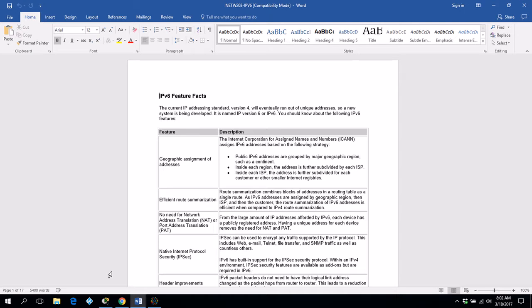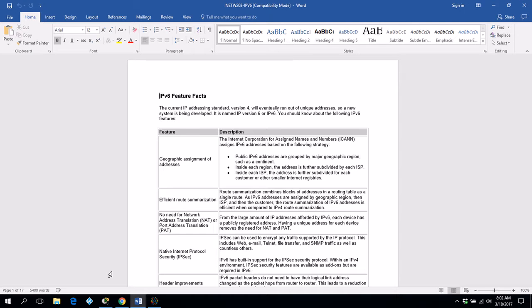In IPv6, why IPv6 and what do we have? In about 1991, even after using private IP addresses and the protocol NAT to conserve IPv4 addresses, we were still running out of IP addresses.